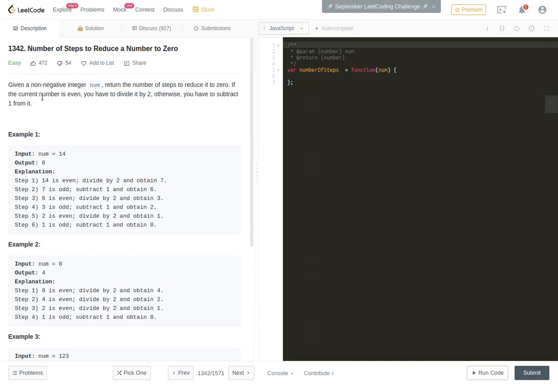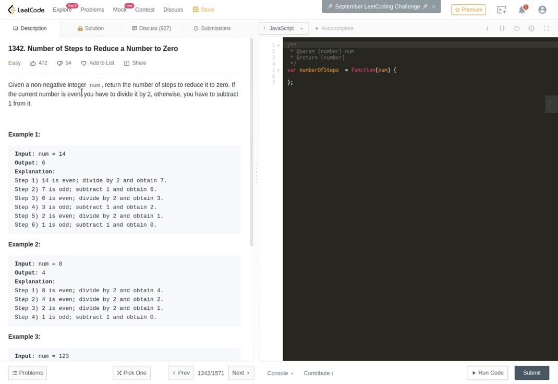Let's read the problem. Given a non-negative integer num, non-negative, okay, so it's a positive number. Even if I'm thinking about a problem like this, if it was negative, just make it the absolute value. Given a number, return the number of steps to reduce it to 0.